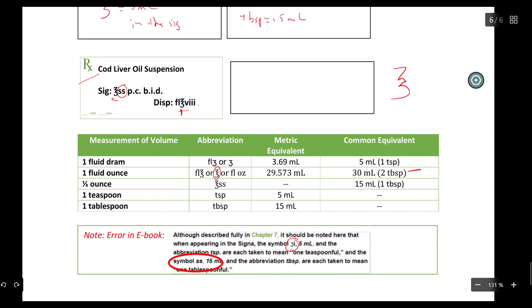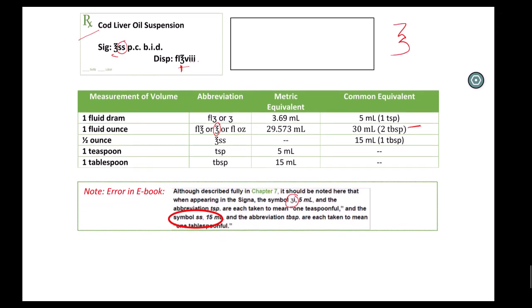That is correct. And then it says the symbol SS is 15 mLs. No, the symbol is not SS. They want this symbol, the one that we have right here. This is what's supposed to be put there. So it's supposed to be this symbol is equal to 15 mLs. So it's missing that symbol in the book electronically when you see it. So keep in mind that there is a little error in the book.